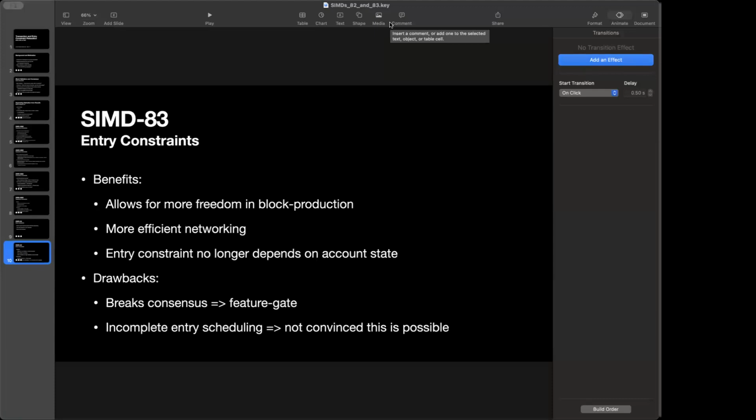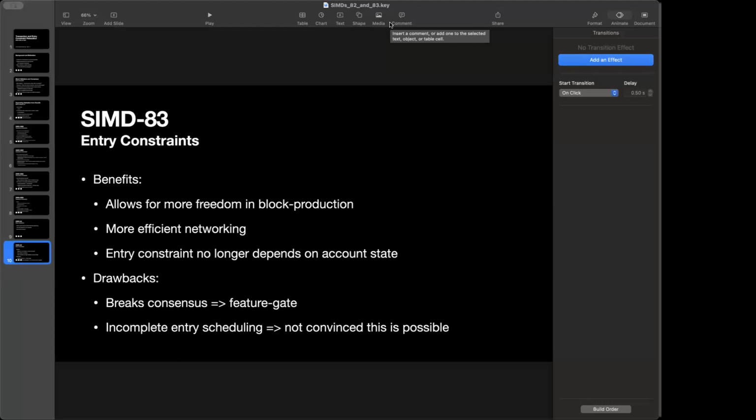In terms of drawbacks, pretty minimal on this one. It's basically just that we need a feature gate. And I was talking to Steve yesterday, but I'm not even sure that this is possible. Right now, the way that the Labs client does replay is we receive the entire entry and then we process it.